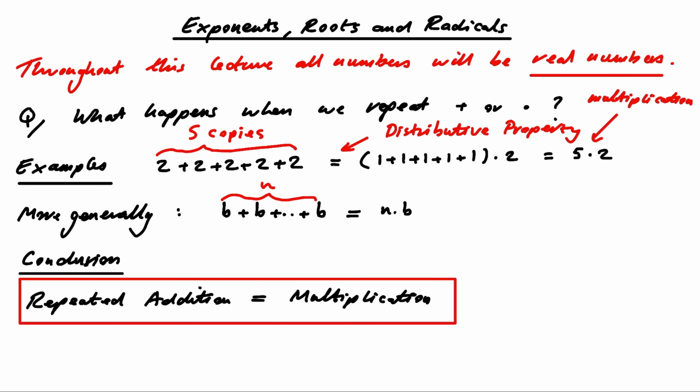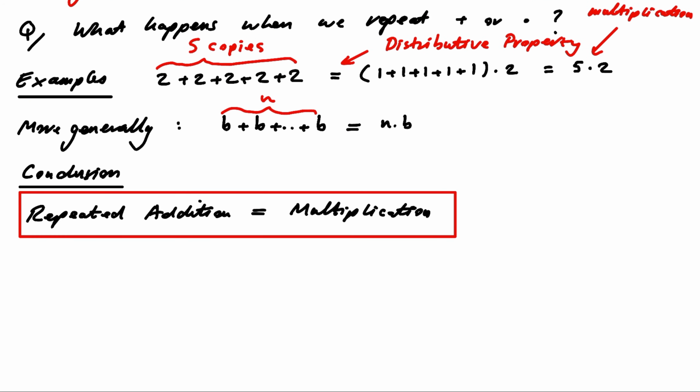Okay, so nice. Of course, multiplication in general is more complicated. This really is only multiplication by positive whole numbers. Multiplication by a half or a quarter, it's a bit more of a complicated thing, but repeated addition is very simple multiplication. Okay, so let's do an example now, not with repeated addition, but with repeated multiplication, and let's see what happens.